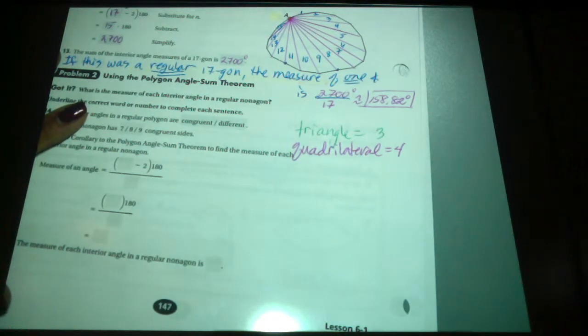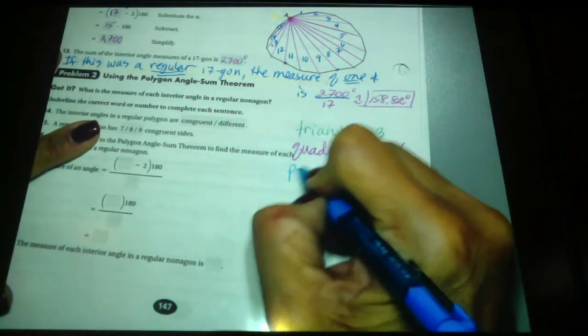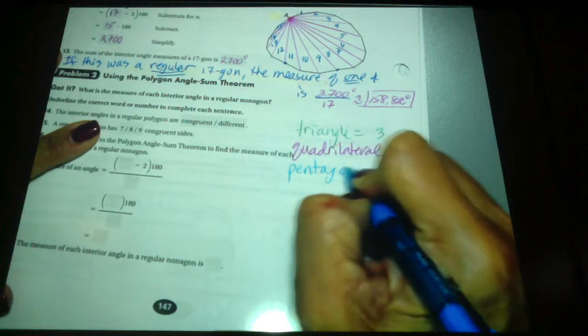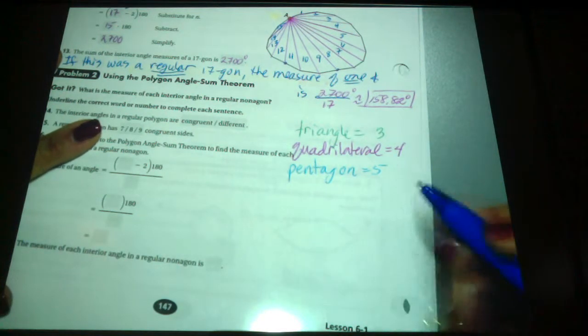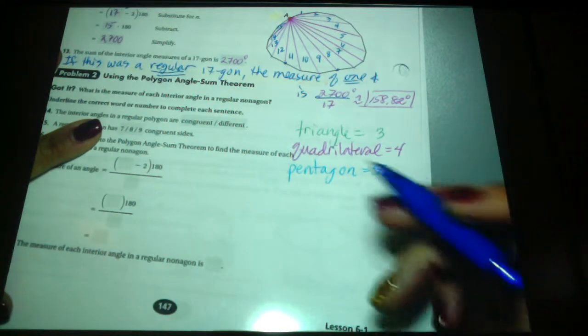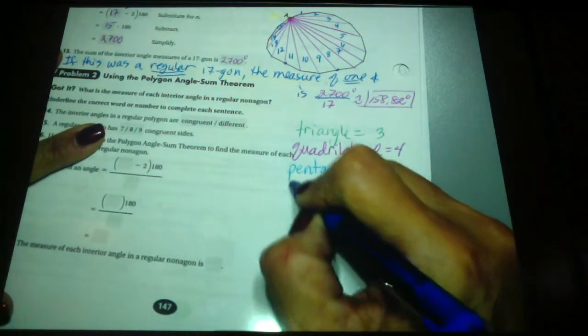Then what is 5 sides? Pentagon. 6 sides, what's that? Nope. It's not a septagon, it's a hexagon.